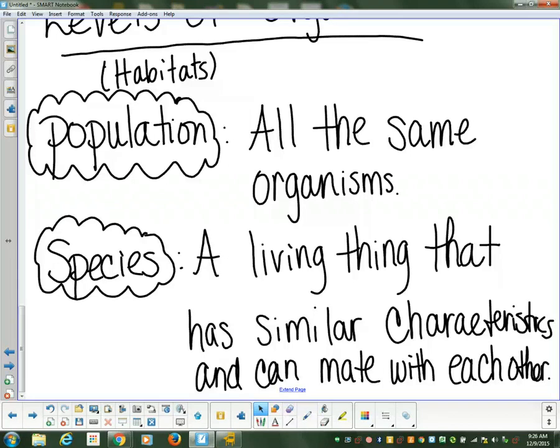We talked about the example of geese. There's reproduction occurring. There has to be the same type of organism that is able to mate with one another. You can't take, let's take a lion and a goose. Those two things are both living, they're both organisms, but they are completely different species.